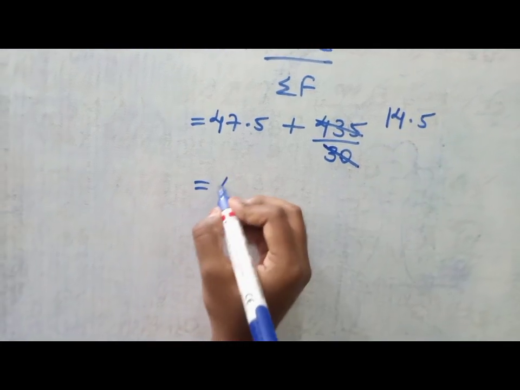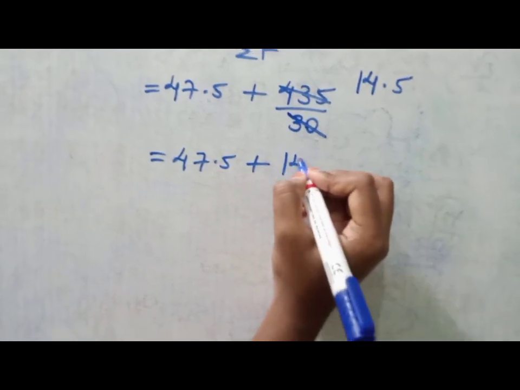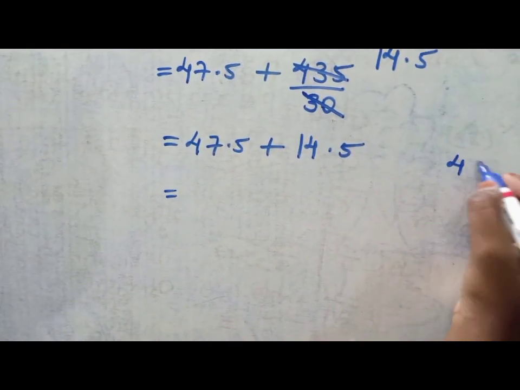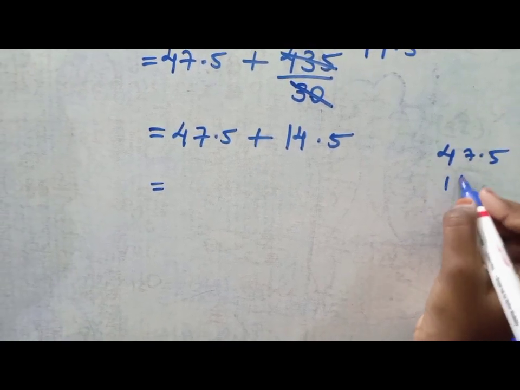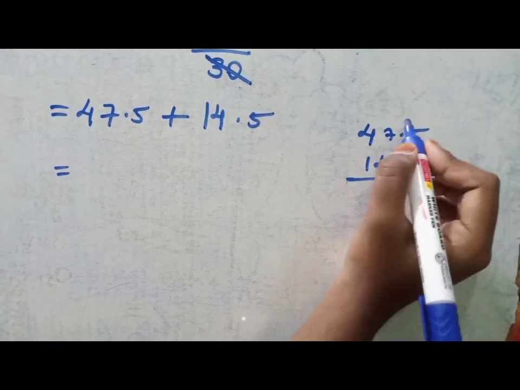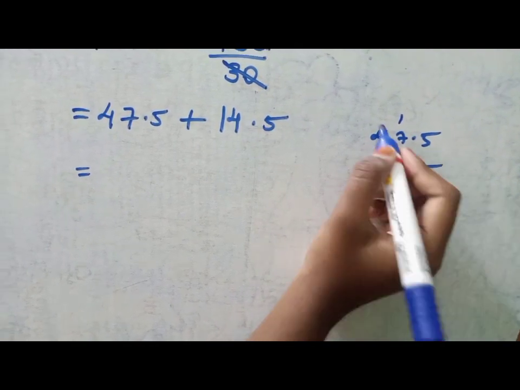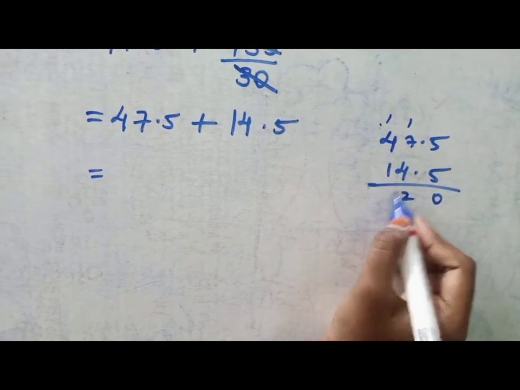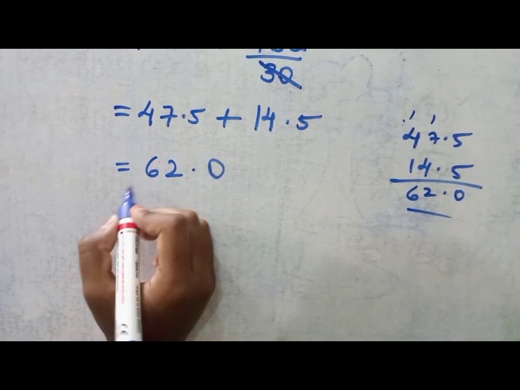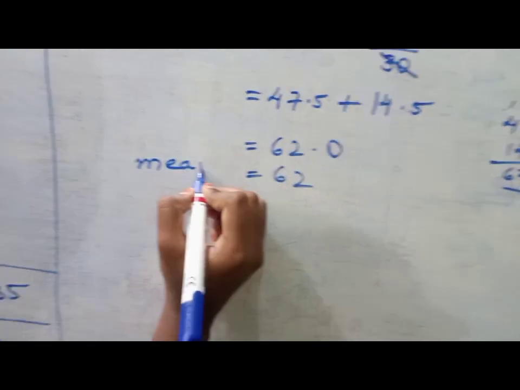That is 14.5. 47.5 plus 14.5 is 62.0. We can take it as 62. So the mean is 62.